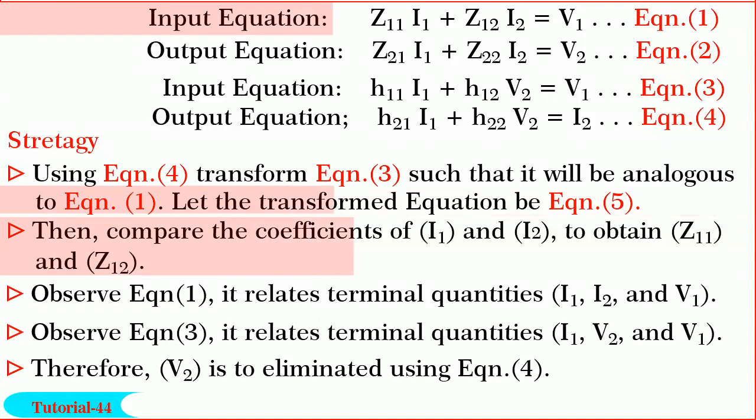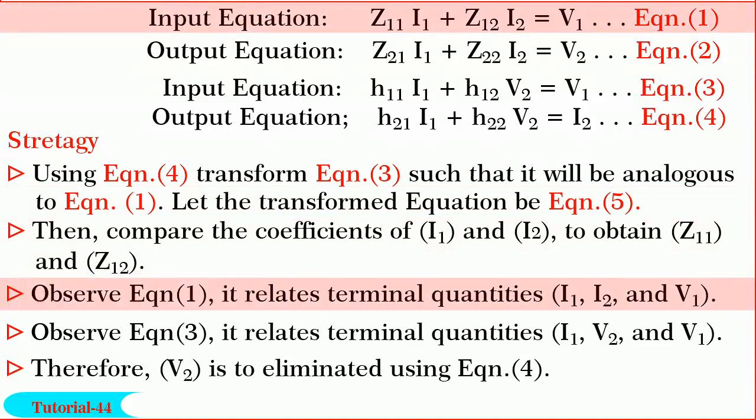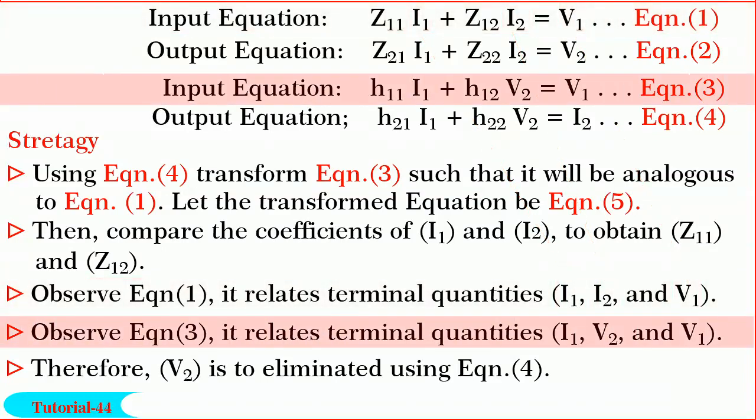Then compare the coefficients of I1 and I2 of both equations 1 and 5 and find Z11 and Z12. Observe equation 1. It relates the terminal quantities I1, I2 and V1. Similarly, observe equation 3. It relates I1, V2 and V1.